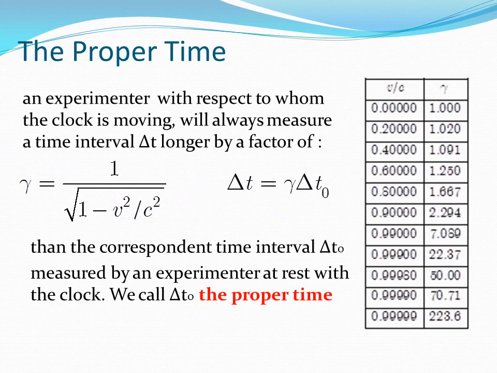In this table we have the gamma factor as a function of the ratio v over c that we have at the denominator here.